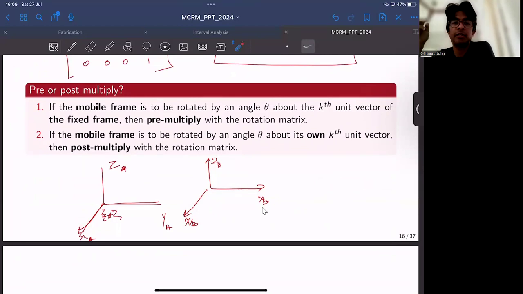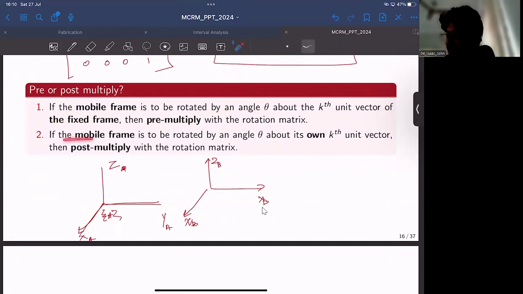depending on which frame of reference you use for rotation, you will have to either pre-multiply or post-multiply the compound rotations. For example, as per this statement, if the mobile frame is to be rotated by an angle theta about the kth unit vector of the fixed frame, then pre-multiply. So if the subsequent rotations are with respect to the fixed frame, you always pre-multiply the subsequent rotations.